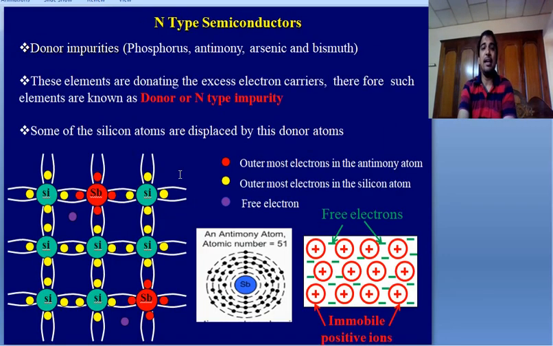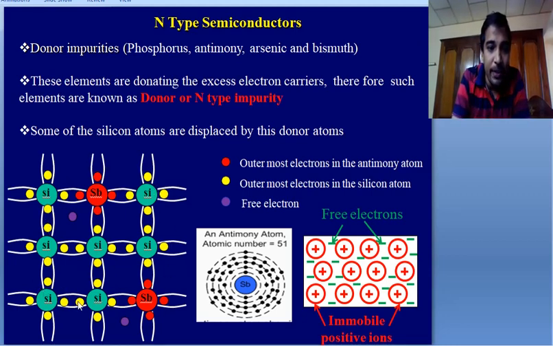Yes, in N-type semiconductor we add pentavalent impurities. Just as we discussed: phosphorus, antimony, arsenic, and bismuth. See the structure here. So I have Sb, antimony. Here the antimony atom has 1, 2, 3, 4, 5 valency electrons.